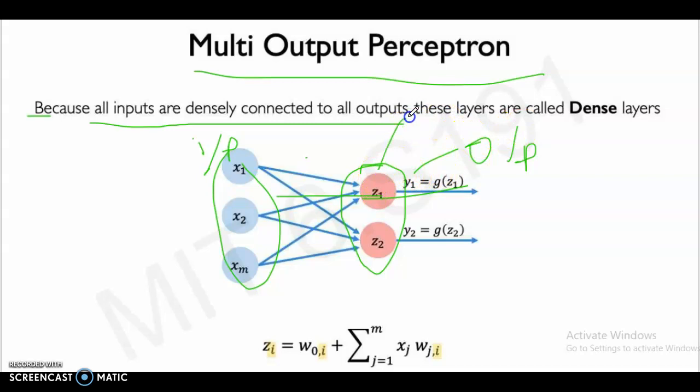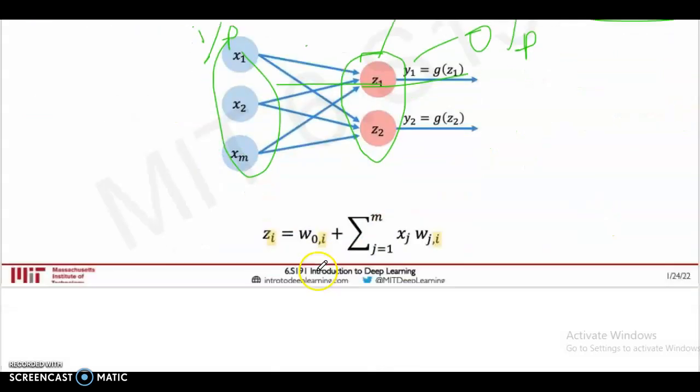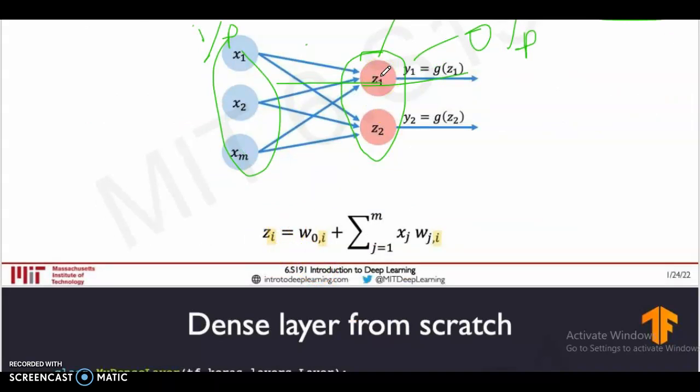These layers are called dense layers. Here the input is this, the output is this, connected to all outputs. Zi equals w naught comma i plus the summation over j from 1 to m of xj wj, both are multiplied. We take this value and then add, summation, corresponding multiplication.